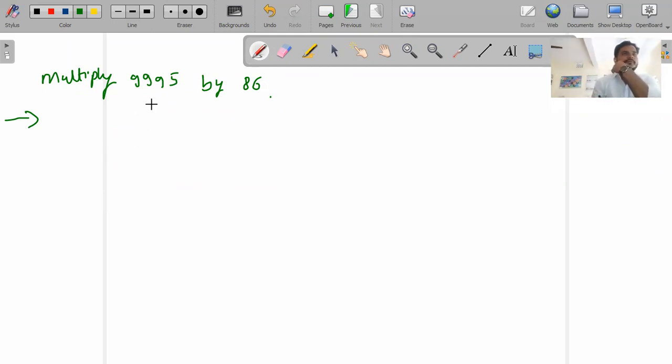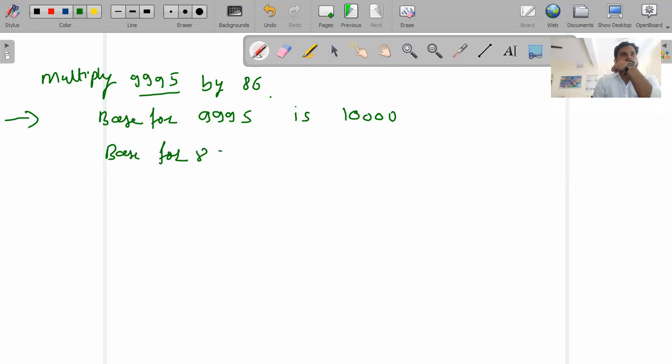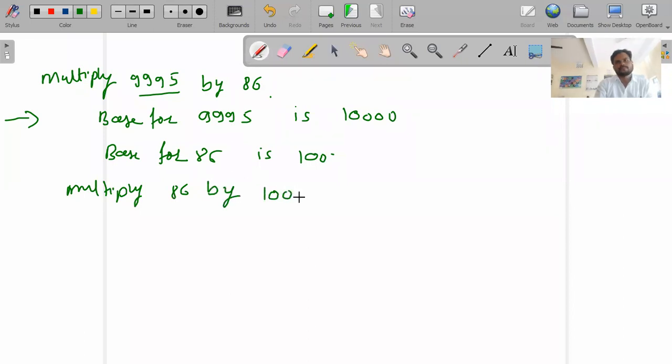The base for this 9995 is 10,000, right? And base for 86 is 100. To make the base for 86 as 10,000, what do I have to do? I have to multiply 86 by 100.